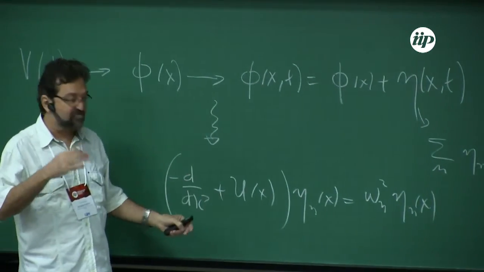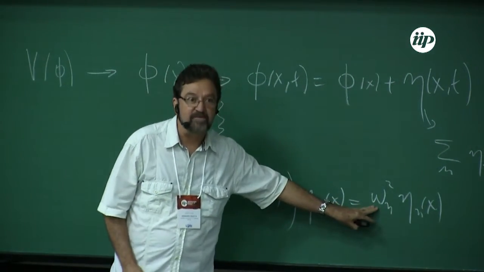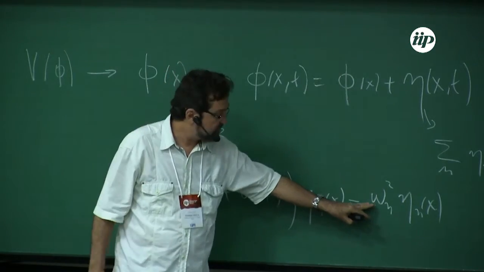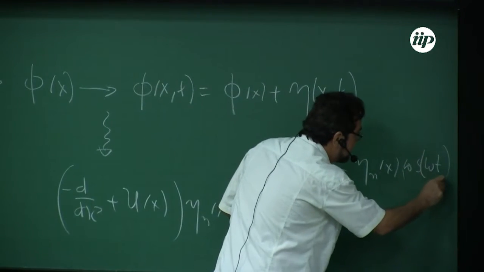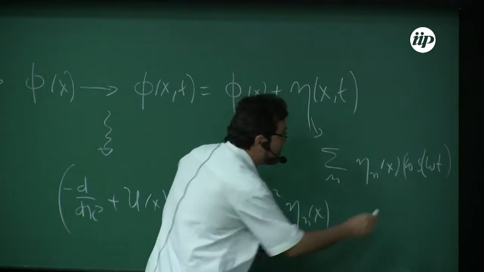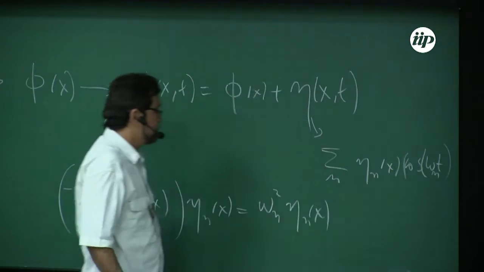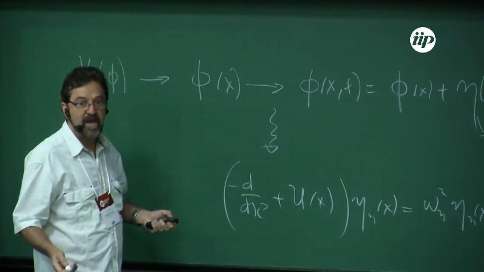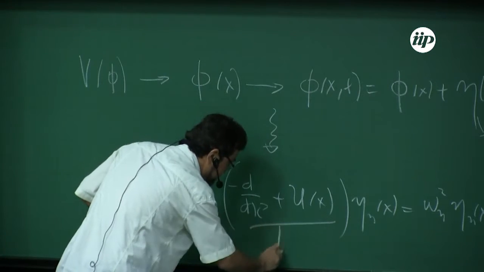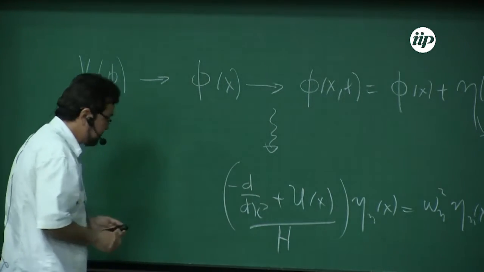So you solve it for time, and this is, say, the standard time evolution. I'm putting the cos of omega t, and this is omega n t. Okay? So this is quantum mechanics. So this is the Hamiltonian.